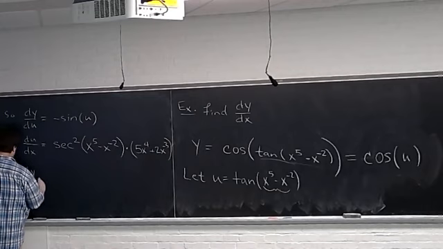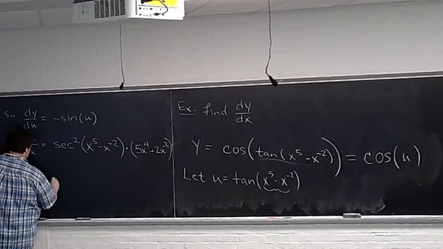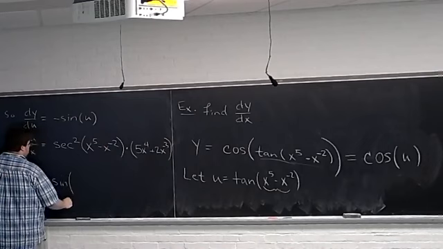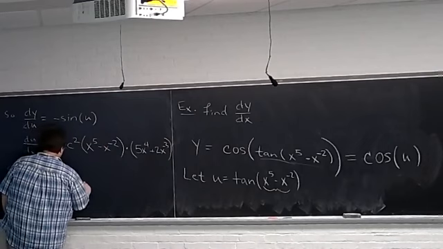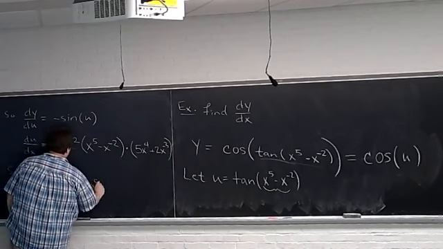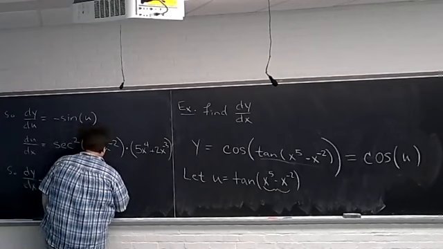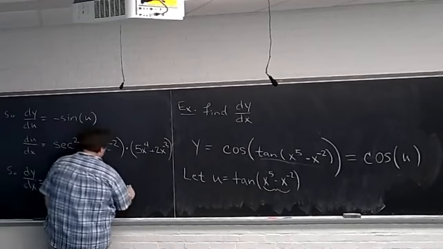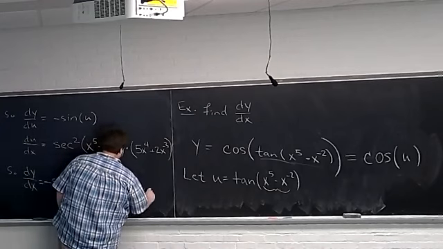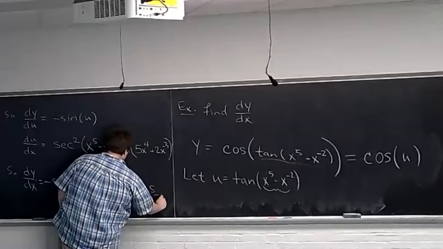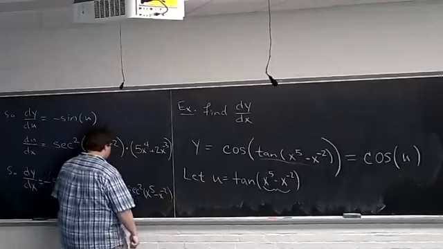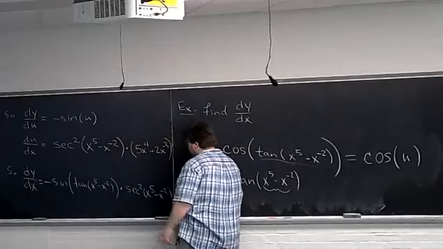Now dy dx is negative sine of u, which is tangent of x to the fifth minus x to the negative 2, times the derivative here, secant squared of x to the fifth minus x to the negative 2, times the remaining derivative.